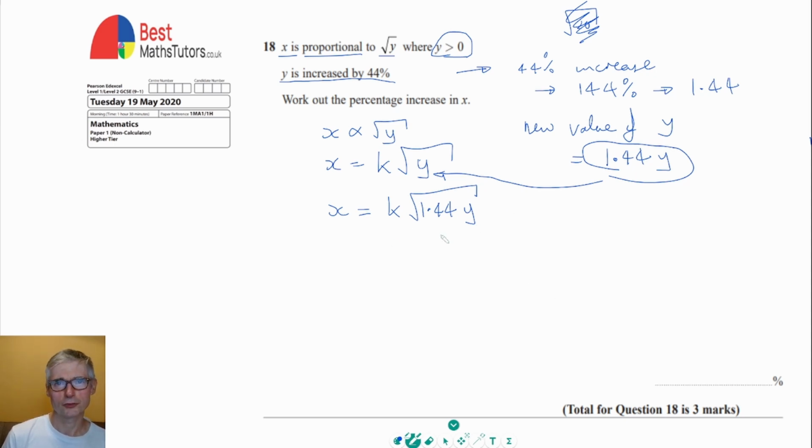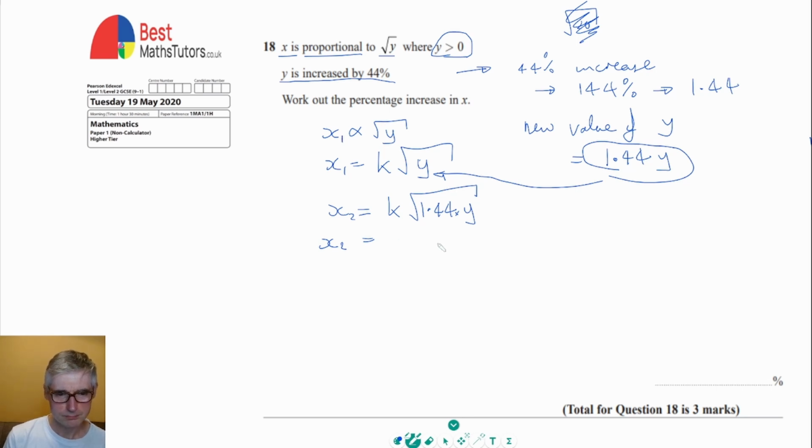Now we're going to use a bit of the technique of dealing with roots or surds. What we can do when we've got two things multiplied together, so inside the root we've got 1.44 times y, we can actually write that as two separate roots. So we can say, well, the new value of x, I'm going to call this x2, and we'll call this one x1, so we can see the difference between the old value and the new value.